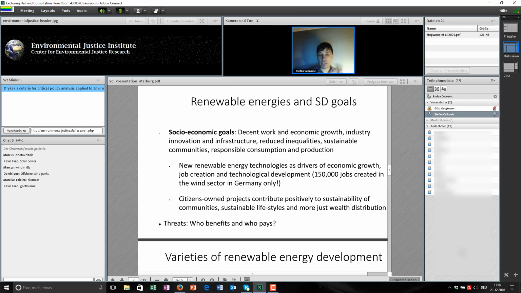Okay, so this is a brief try to put renewable energies in perspective, in terms of how they can contribute to sustainable development goals and why renewable energies are important for sustainable development.